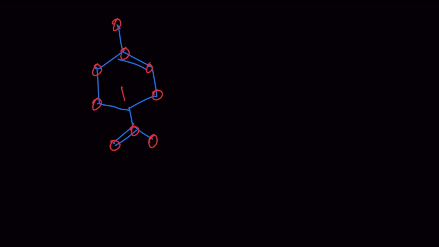So how about this one? Is this a chiral carbon or not a chiral carbon? You might think that, oh, we have CH2 here, CH2 here, but then going on the right hand side here is different from going on the left hand side. Why? Because we have CH2 here, but then that CH2 is attached to CH, and then carbon carbon double bond, which is not the same on the left hand side.